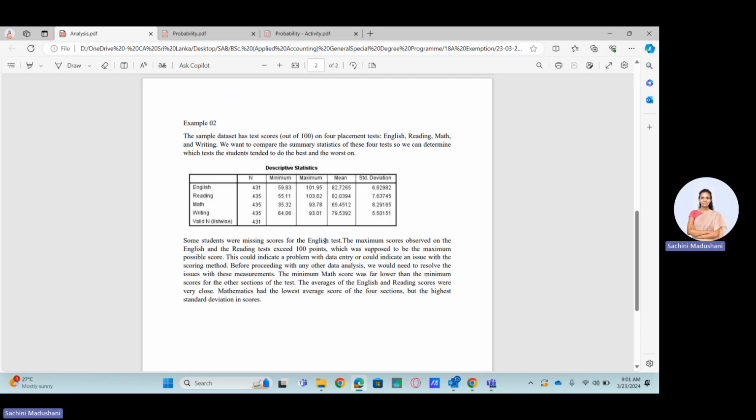Say XY company has 3 outlets, A, B, C. You take the sales revenue for the 10 periods for the 3 outlets. Then you can compare. This is the mean value for outlet A, this is B, this is C. Then you can calculate the coefficient of variation and write about the consistency of the sales revenue.